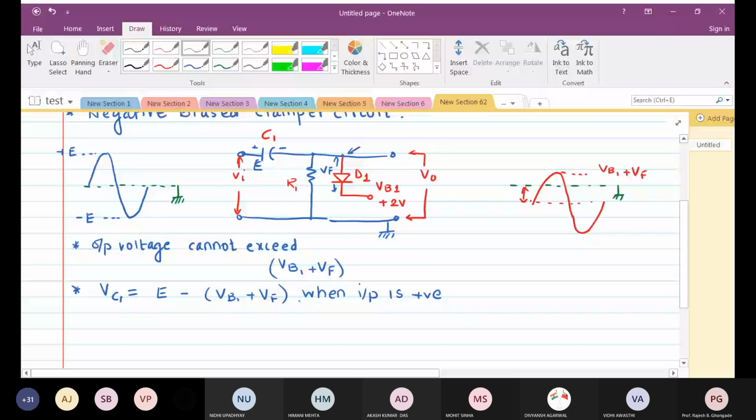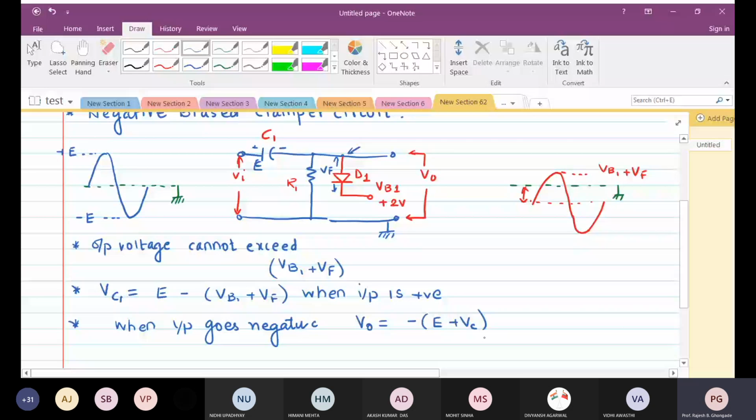Now when the input goes negative, the output voltage will be equal to what? Minus E plus that capacitor voltage VC.